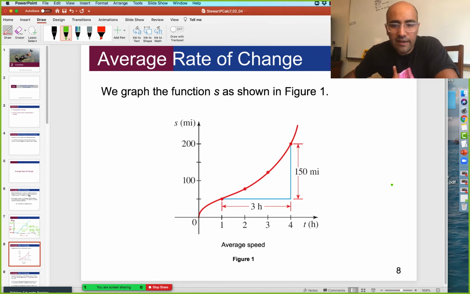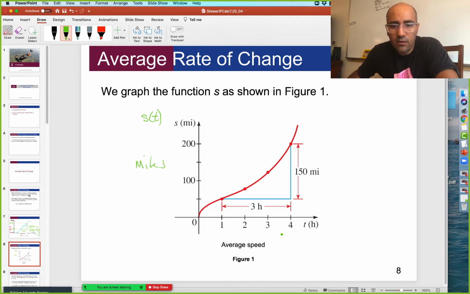Here again the horizontal axis is t in hours, and we have various timestamps here. And then we have s in miles going in this direction, so this is the s of t axis here, in miles.